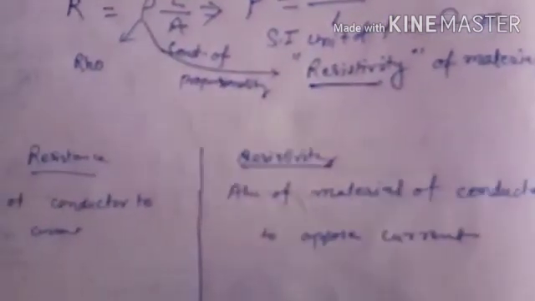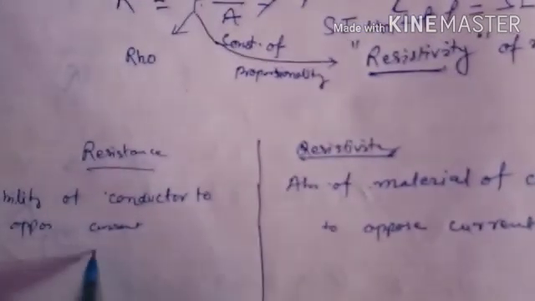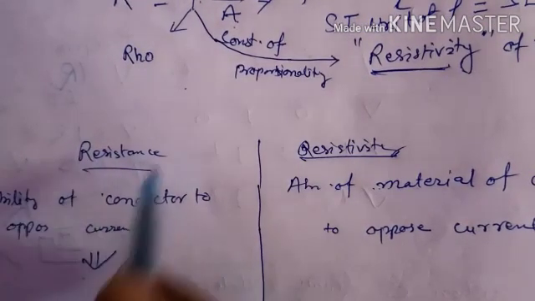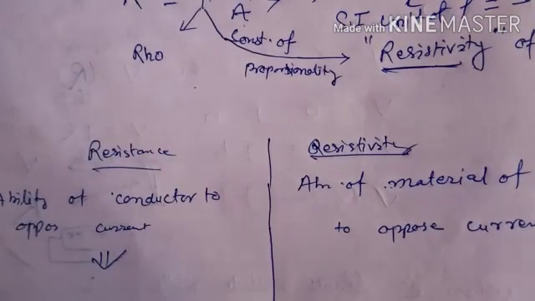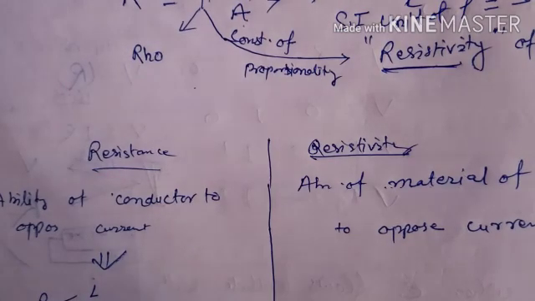So the resistance depends on the length of the conductor, it also depends on the area of cross section of the conductor, and it also depends on the nature of the material.